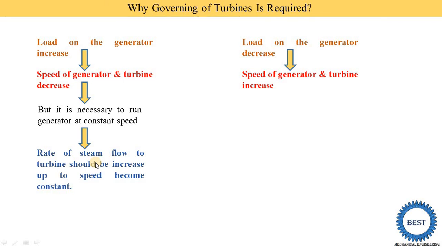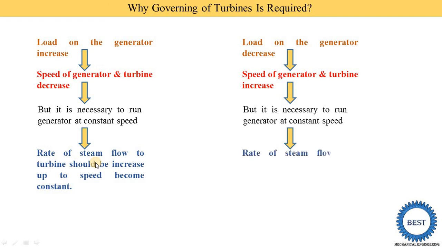The same thing happens in generators. But it is necessary to run the generator at constant speed. So how do we reduce the speed of the generator? By reducing the mass flow rate of the steam, until the speed becomes constant.